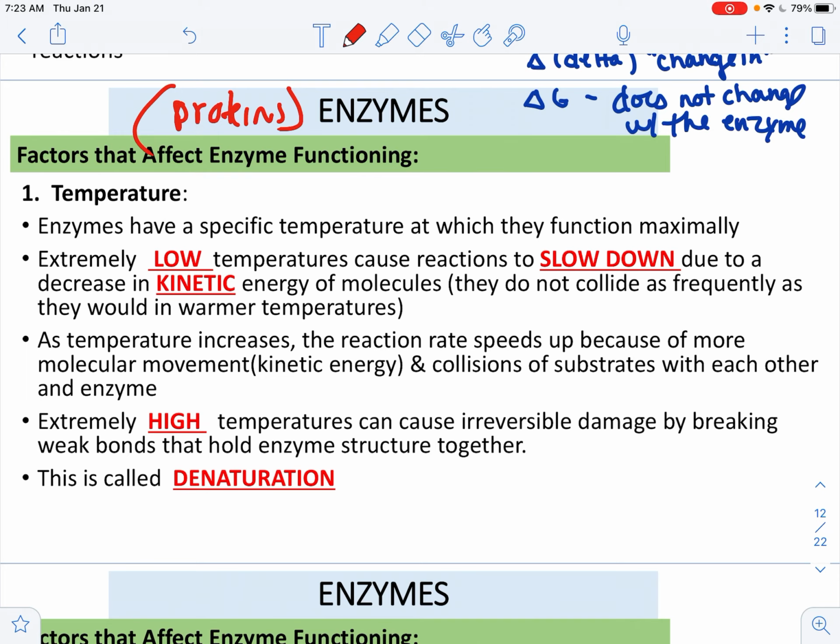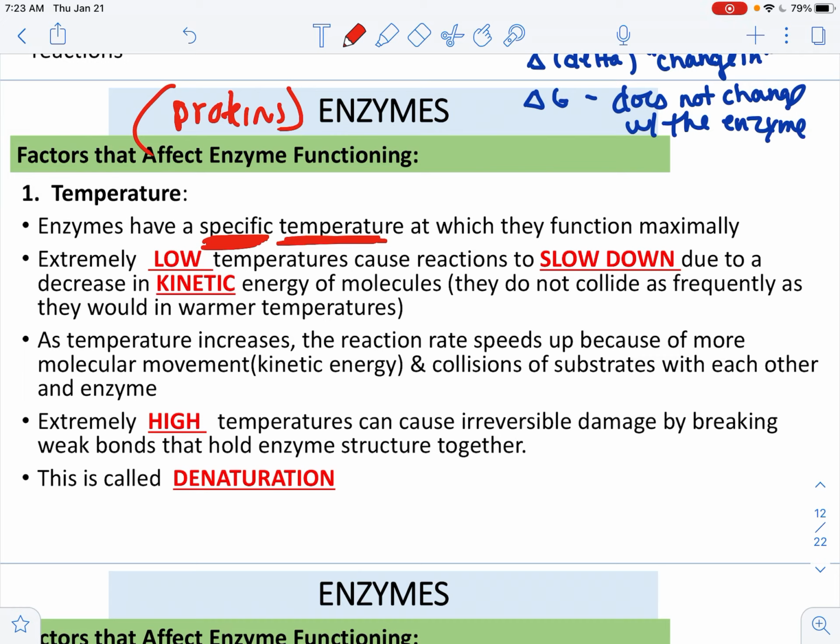Remember I said the word specific is going to be what we use a lot. Enzymes have a specific shape. They have a specific active site that binds a specific reaction. But they also have a very specific temperature, and we're going to see they have a specific pH also that they have to be at to work best.